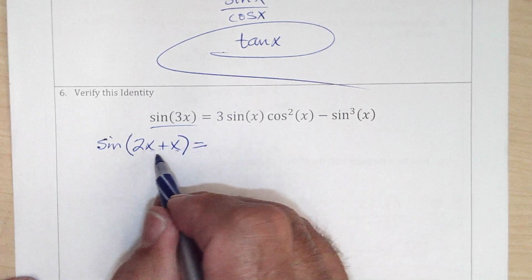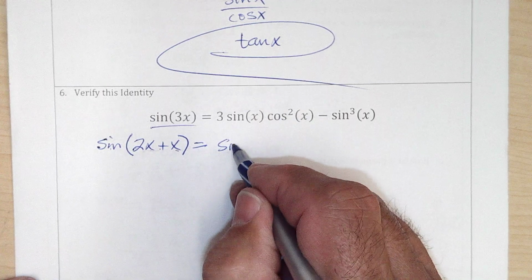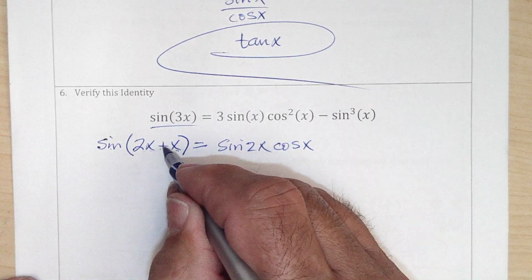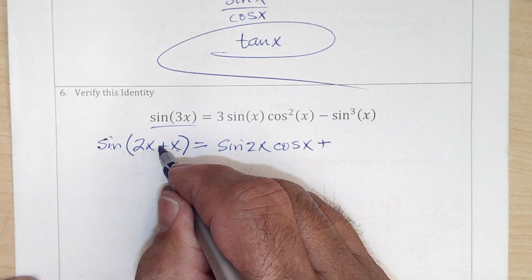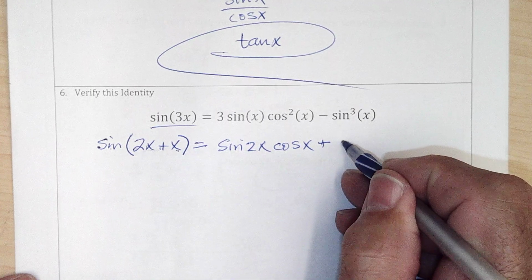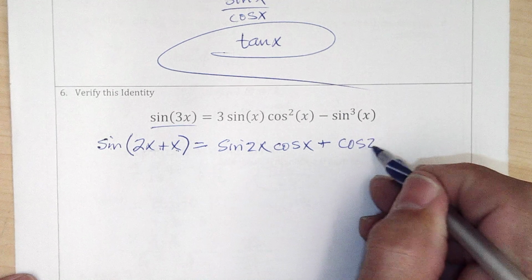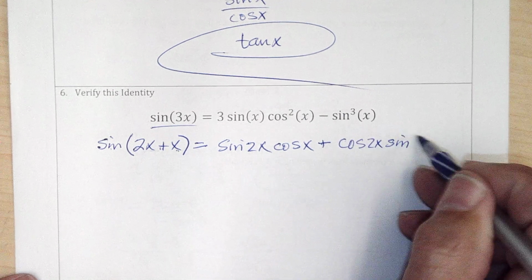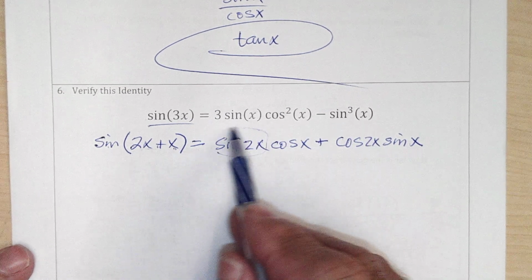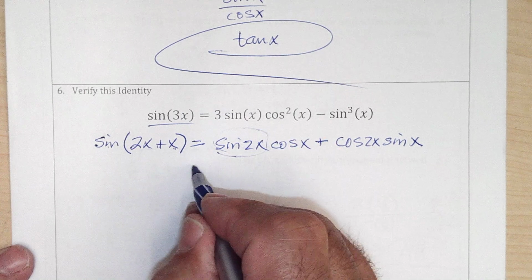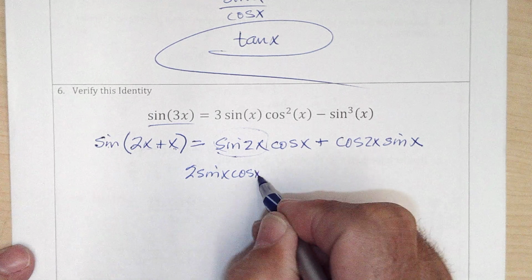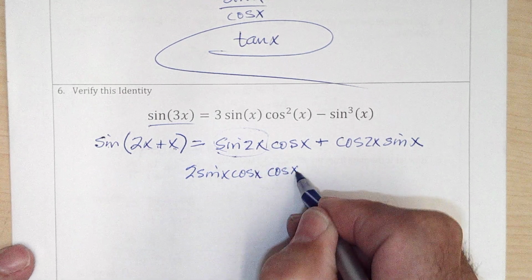The sine of 2 things added is the sine of the first, cosine of the second, plus, if that's plus, a sine, this addition or subtraction stays the same for sine, cosine of the first, sine of the second. No double x's, so we have to use the double angle formula on that. So that's 2 sine x cosine x times cosine x.